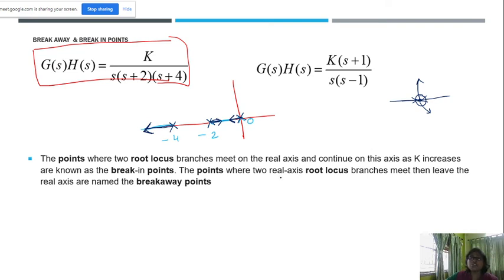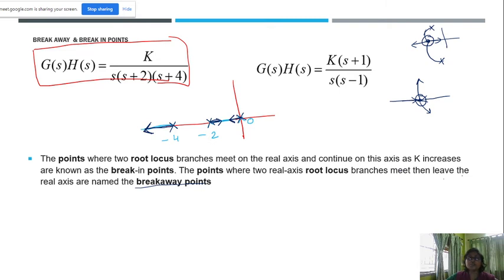So the points where two real axis root locus branches meet, then leave the real axis, are named breakaway points. Similarly, suppose two root locus branches are coming from two complex poles, and they meet at a real axis and go towards two sides, then this point will be known as a break-in point.